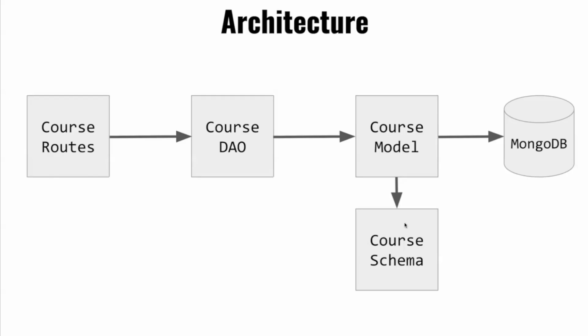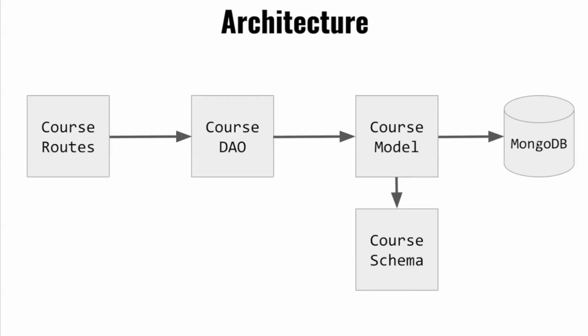In our case, it's the courses schema and the courses model. They make sure that the data coming from the DAO, from the routes, whenever it's going to insert or update something, is validated against the schema, making sure that the various properties have the correct names, that they are the correct data type, and so on. And then it does the CRUD operations onto the MongoDB.